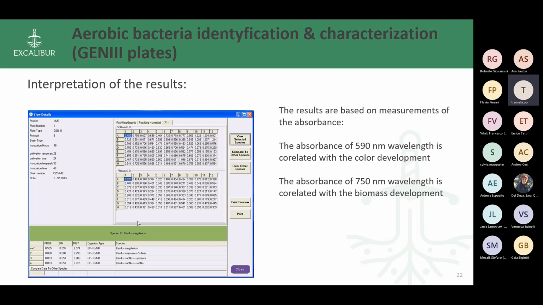The second one is correlated with the biomass development, and this could be useful if you, for example, develop a medium for biomass production for your isolate. Yes, so this could be very useful.